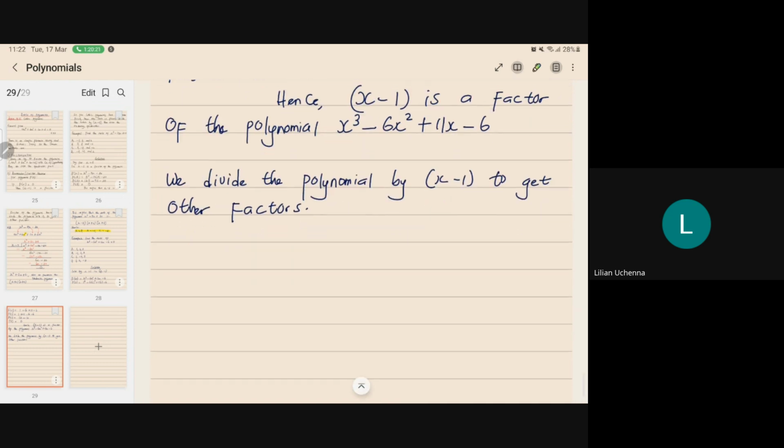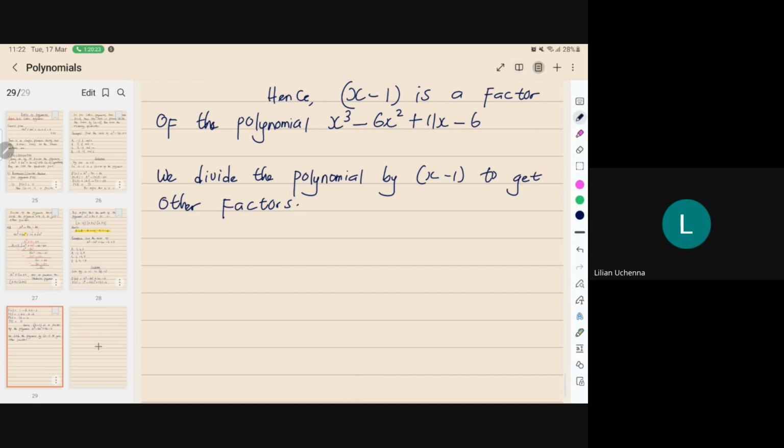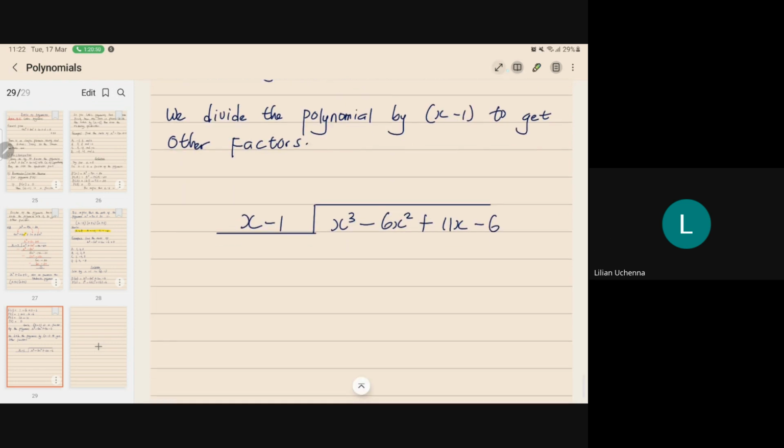Okay, so for other factors, we have our line running through. We have x minus 1. For this one, we have nothing to panic as everything is complete. So I'm going to put it down, x cubed minus 6x squared plus 11x minus 6. All right, so let's go ahead and divide.